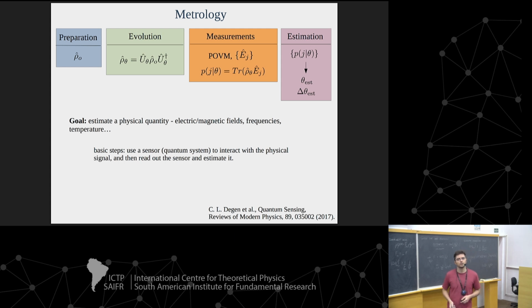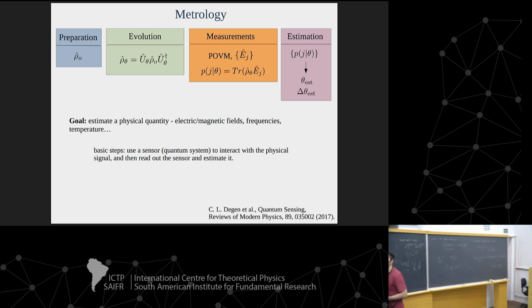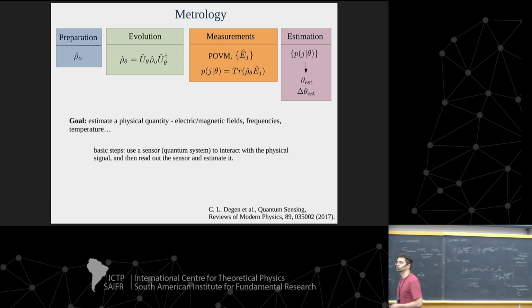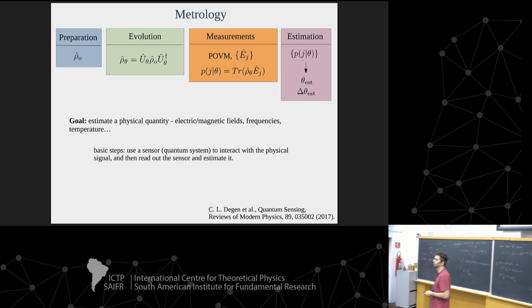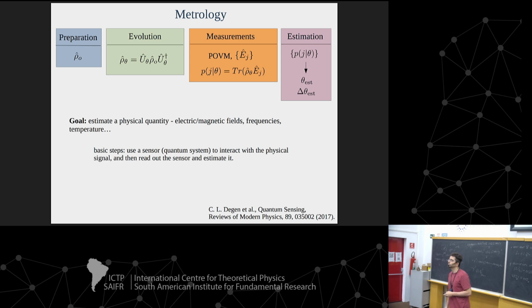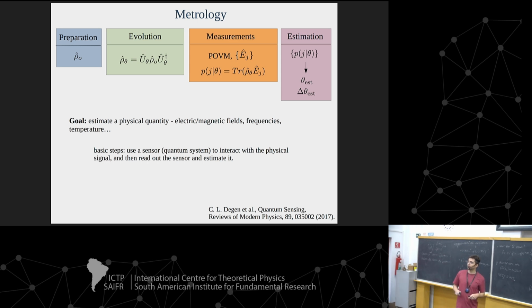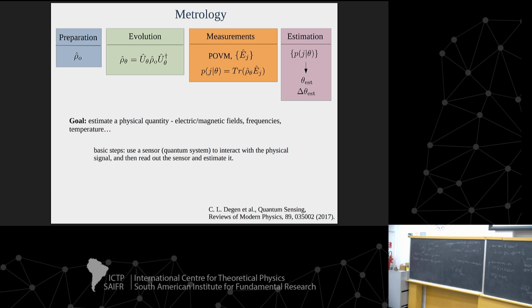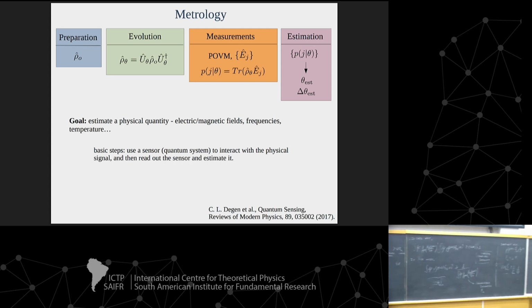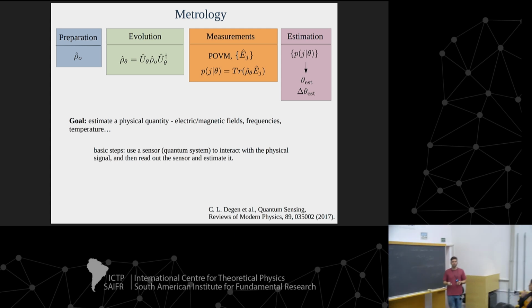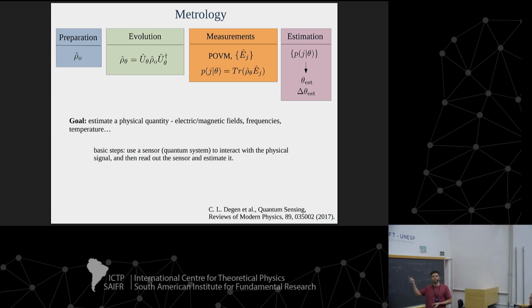Yes? Yeah, so a phase transition is excellent for a sensor, because the sensor depends on the susceptibility of your state to external variations of your parameter in the Hamiltonian. So it depends on the derivative of this quantity here. In a phase transition, we know that the susceptibility diverges.